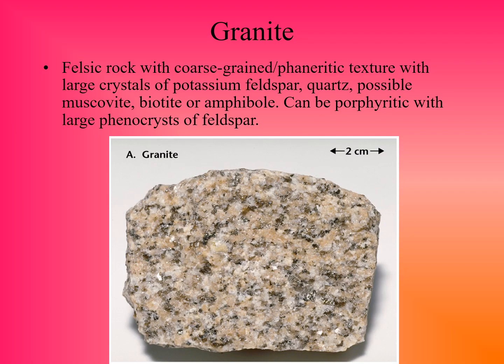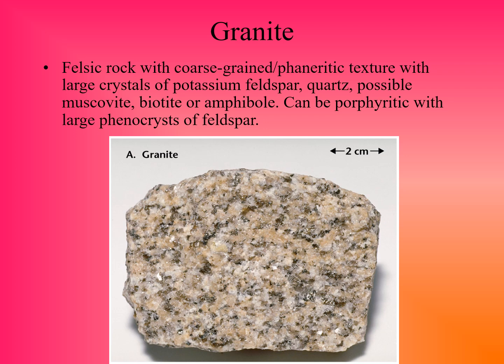So let's get into the actual igneous rocks you have in your kit. The first one you have is a granite. I think that's number 24. That's a felsic rock with coarse-grained phaneritic texture with large crystals of potassium feldspar, quartz, and then possibly muscovite, biotite, and hornblende, which is our amphibole mineral that we have in there.